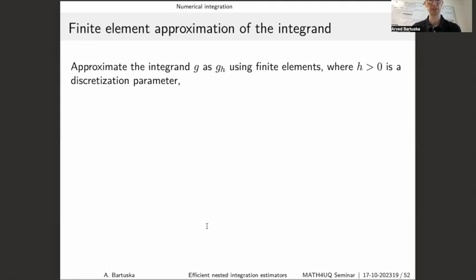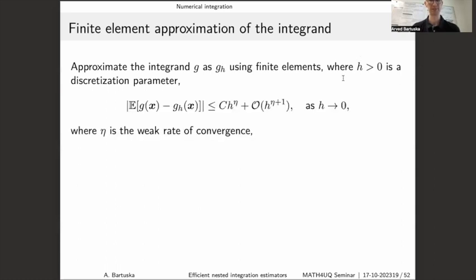What I did not mention yet, but hinted at the beginning, is that we usually don't even have the integrand directly. We have to solve a partial differential equation. We have to use finite elements, or in other applications, finite differences, or some other numerical discretization. And we call this G_h, where h is a discretization parameter.